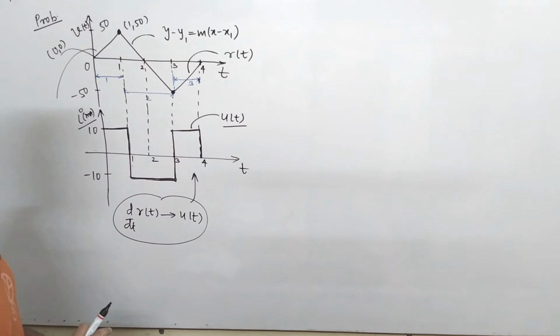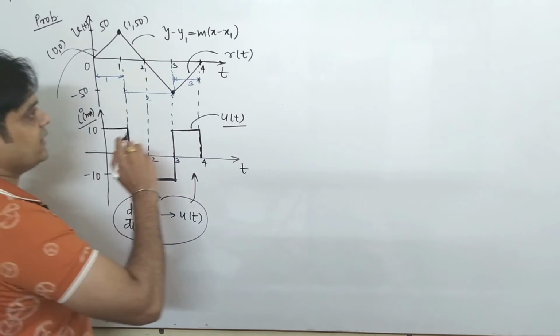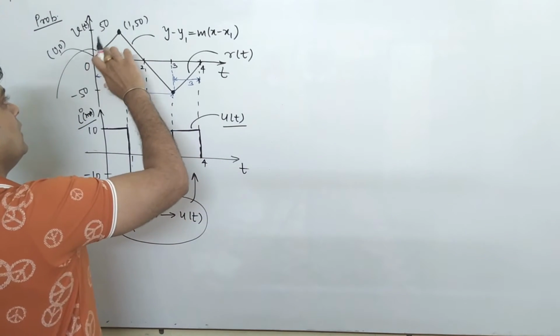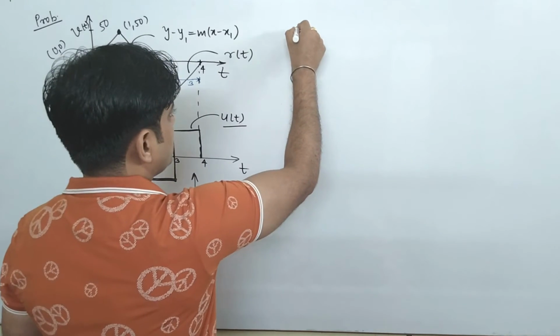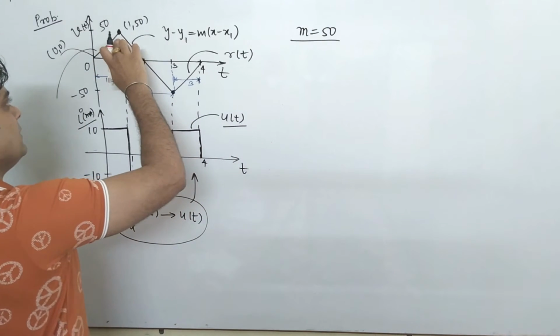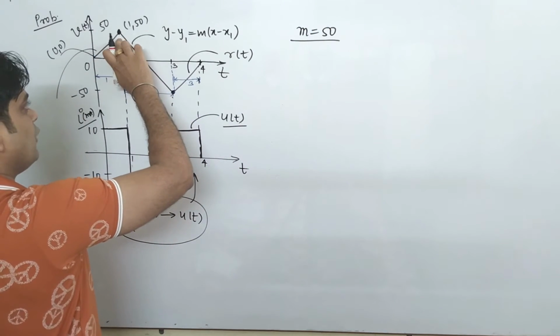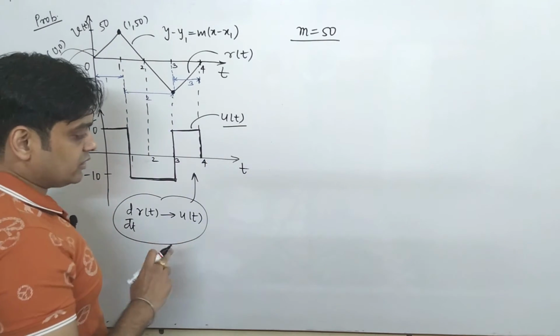If you see this signal, what is its slope? It is 50. And y equals mx, so this equation comes to be V(t) equal to 50t, as I mentioned earlier.